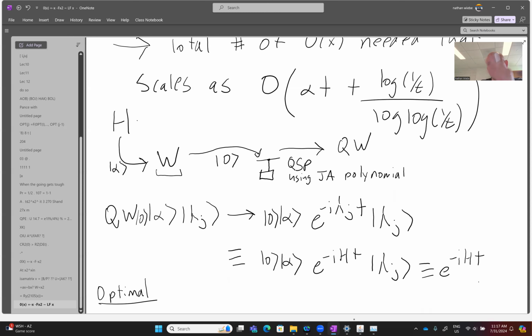And you can show that any improvement on the asymptotic scaling of this algorithm would allow us to violate that lower bound. And so therefore, the simulation method isn't just a convenient way of performing simulation or a neat trick that we can do in order to fit Hamiltonian simulation into this paradigm. It's actually, in some sense, the best simulation method that you can possibly use if your problem doesn't have additional structure that you can take advantage of.